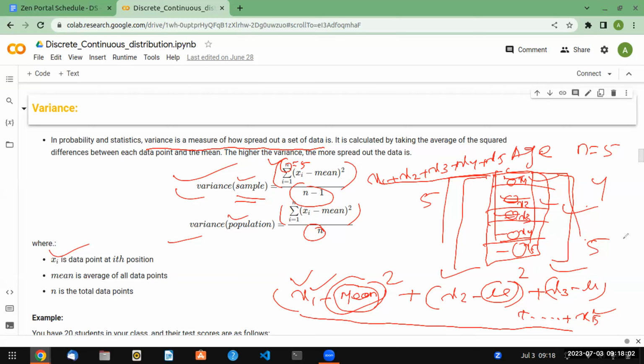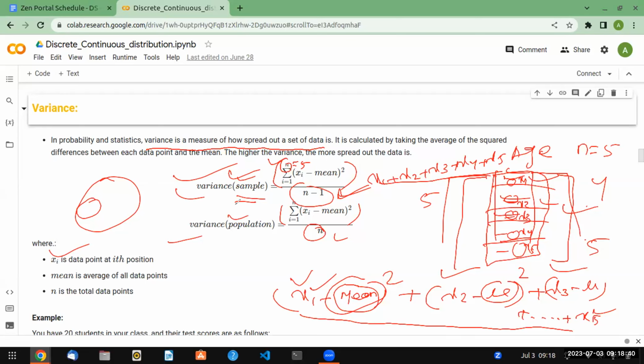Guys, whatever we are seeing now, these are topics from statistics and mathematics. People spend their lives doing a PhD on this, so these are not small things. But we are trying to get the gist out of it and show you here. There is actually a proof of why it is n minus 1, and we are not going into that proof because we don't have that much time. But you need to understand that when you go for a sample, that means a subset of the data, you always divide by n minus 1.